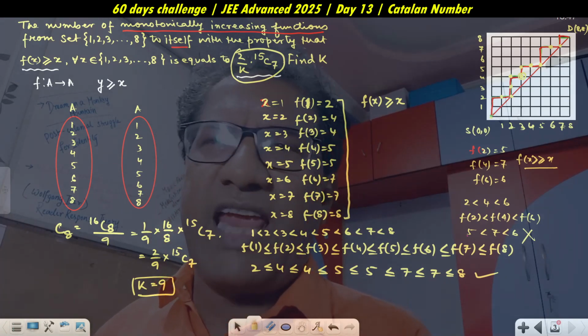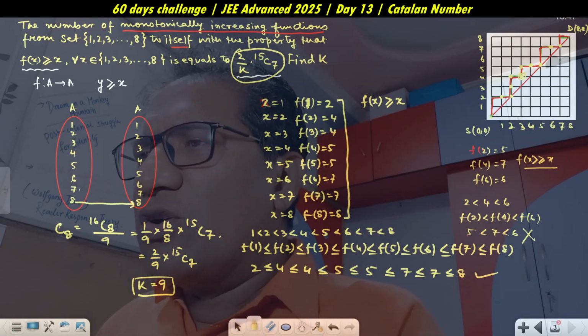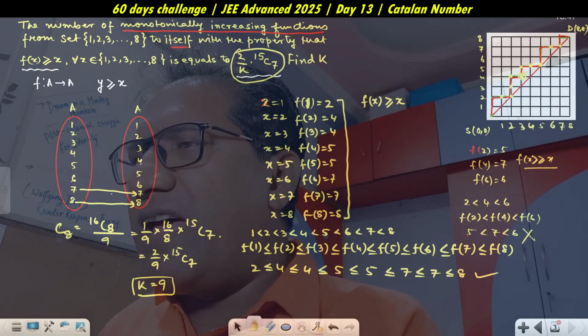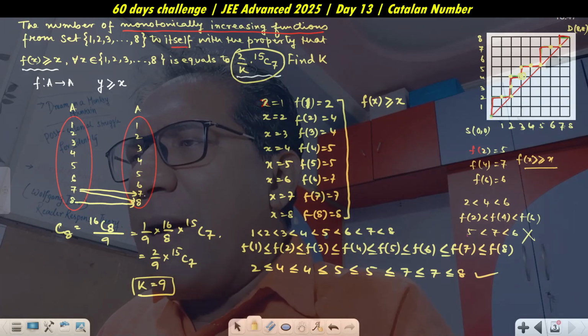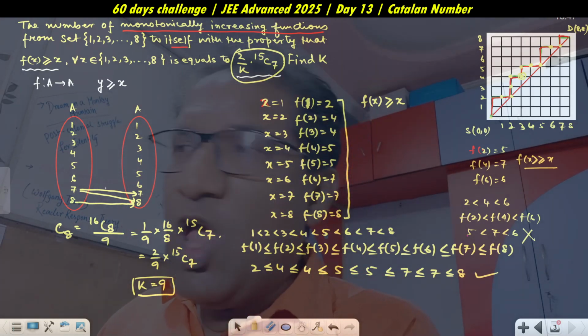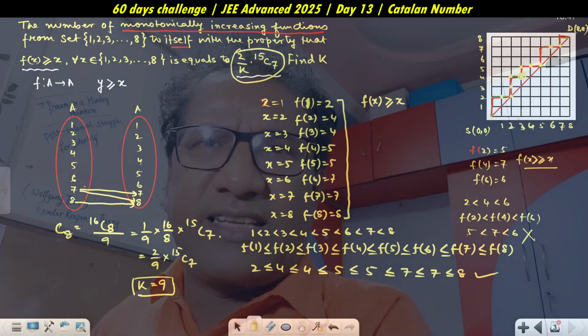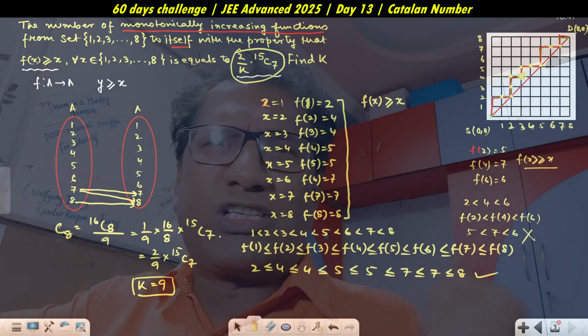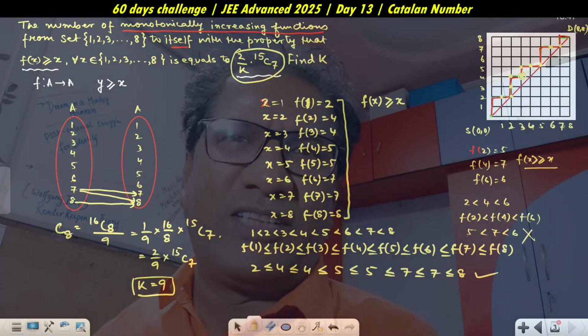Because now you will say that your 8 can be mapped with 8. So your 7 can be either mapped with 7 or with 8. When 7 is mapped with 7, then 6 can be mapped with 6 or 7. Or when 7 is mapped with 8, your 6 can be mapped with 6, 7, 8. And all those calculations and counting, you have to go for to find out the answer.